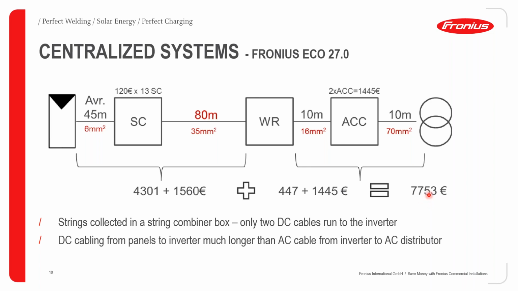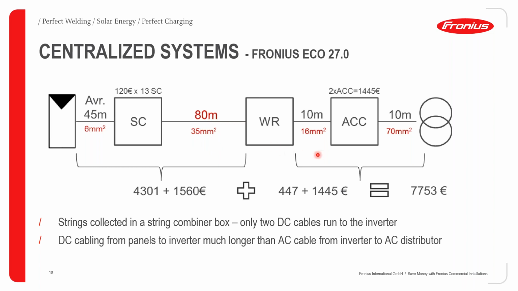So the strings are collected in the string combiner box, and only two DC cables are running from the string combiner box to the inverter. And therefore, with this cabling, you can see the difference here. When you are starting with a string, you are coming out with a 6mm cable. Then when you come from the string combiner box to the inverter, the thickness of the cable increases significantly, and we are dealing with a 35mm cable.